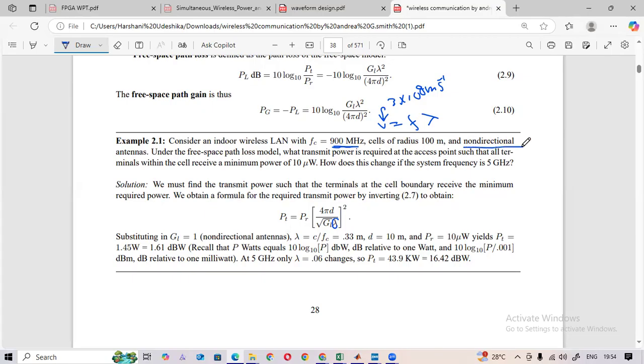So it is a non-directional antenna. If it is a non-directional antenna, normally this G is assumed as 1, so you can apply that value also.